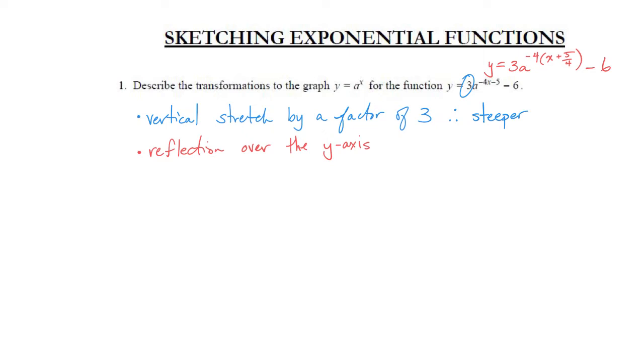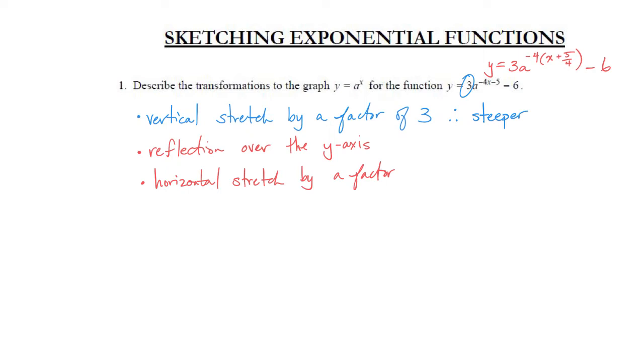Okay, now I can interpret the 4. That 4 is going to be attached by multiply, which means I've got a stretch. It's attached on the inside, which means that it is horizontal. So I have a horizontal stretch, and I need to recall that when I'm affecting my function on the inside of the function, I have to deal with the opposite operation.